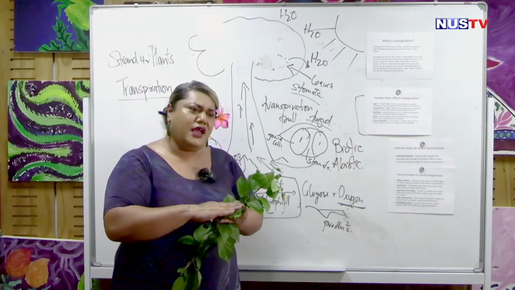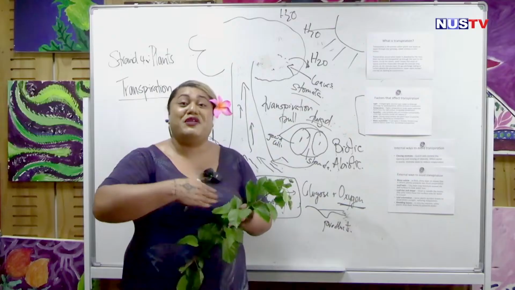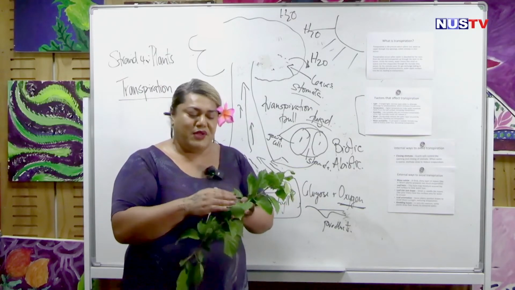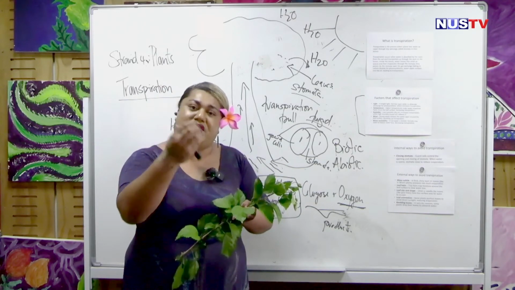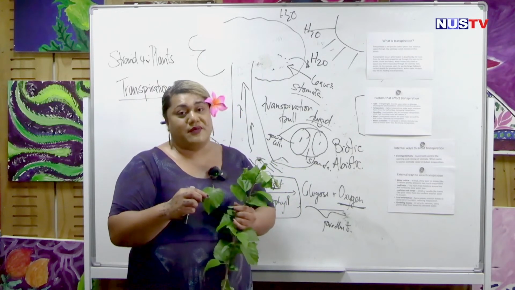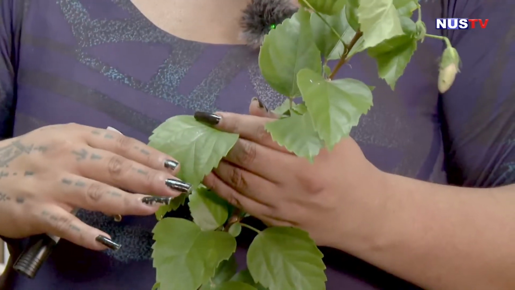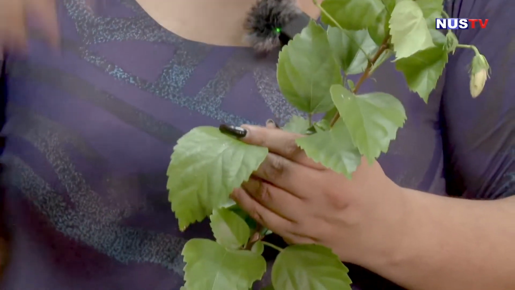Why do you think the leaves are glossy on top? So that they reflect. Remember, reflect. They do not absorb the sunlight directly, because they have a protective layer, the waxy cuticle, a reflector.